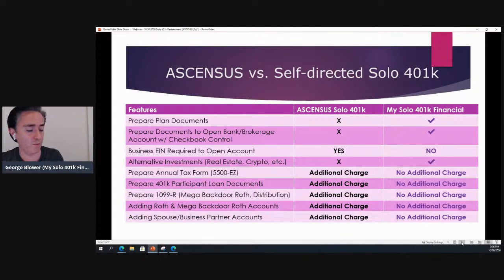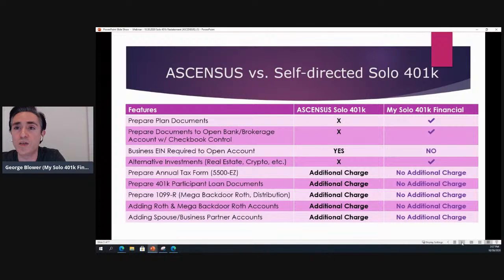Likewise with the 401k participant loan. So our plan allows you to borrow from your 401k account. You can borrow up to 50% of the balance, not to exceed $50,000. But that, of course, needs to be documented on 401k loan documents to satisfy the rules.